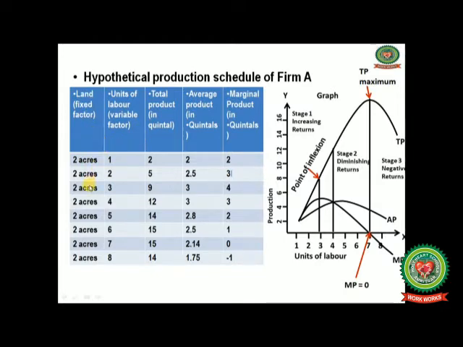Now on the 2 acre land, when there was one laborer, the total product was 2 quintal of wheat, and the average product is also 2 quintal of wheat, and the marginal product is also 2 quintal of wheat. As you know, average product is equal to the total product divided by the units of laborers. When the total product 2 is divided by the unit of laborer, our average product will be 2 divided by 1, which is equal to 2, and the marginal product also remains the same as it is the first unit only.